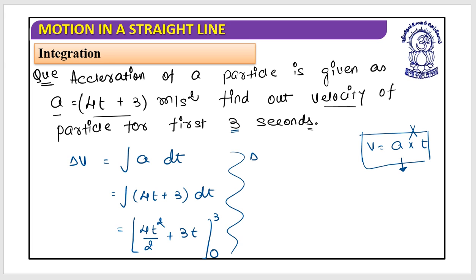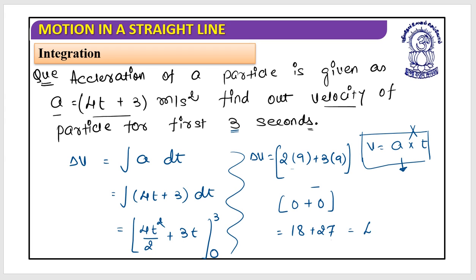Delta v is equal to 4 by 2, that's 2, multiplied by t square, that's 9, plus 3 into 3, minus the value at 0, which is 0 plus 0, that would be 0 only. So this would be 2 nines are 18 plus 3 nines are 27. Hmm, actually 3 into 3 is 9, so 18 plus 9 is 27 meter per second. This would be your answer.